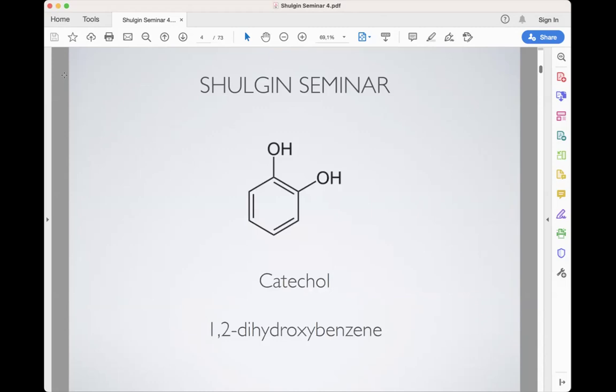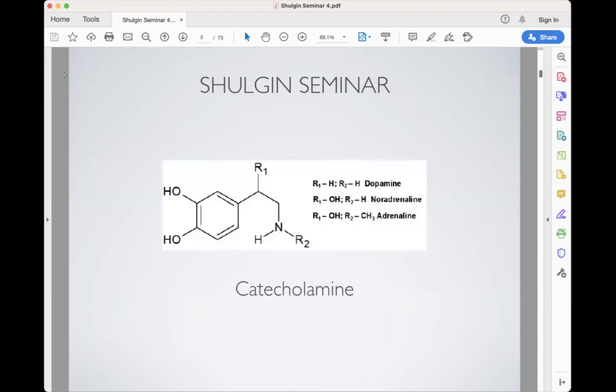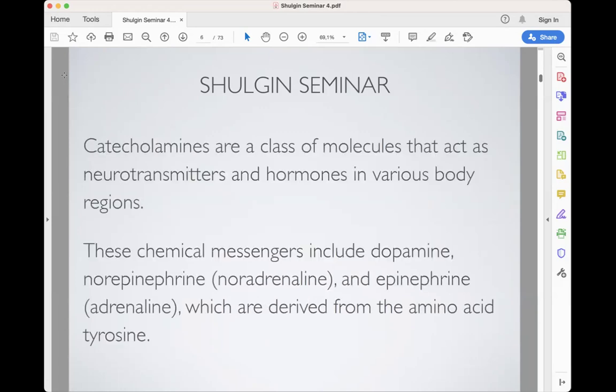So first, catechol, a benzene ring with 2 hydroxyl groups, and a catecholamine, which is the same one with an amine group on the right. Yeah. So examples of catecholamines: dopamine, noradrenaline, adrenaline, and so on.